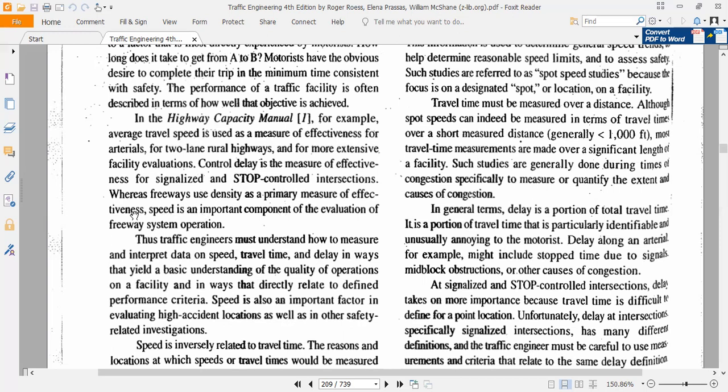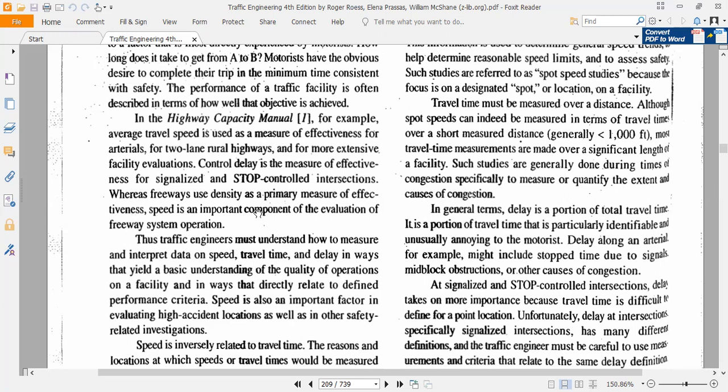Freeways, I had already explained that term to you guys: a freeway means you have a road which has controlled access points, but the difference between a motorway and a freeway is that on a motorway toll tax is taken, while on freeways there is no toll tax. So in freeways, if you have to study effectiveness, you use the density. And what is density?